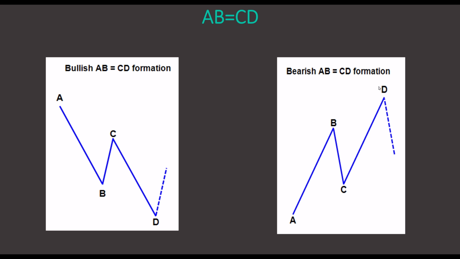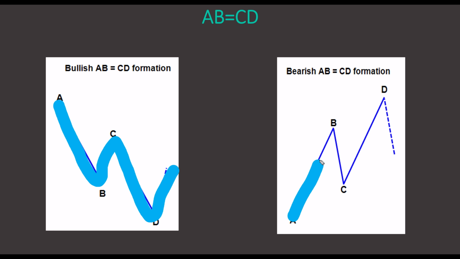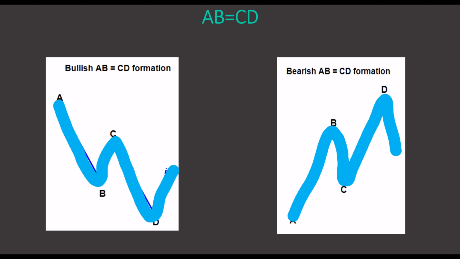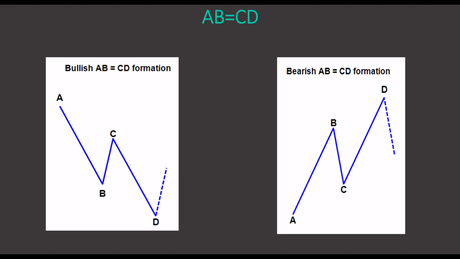Now let me go over to the next price action setup. Now this next price action setup is called ABCD, and it's based on the fact that the price likes to move in sort of wave-like manner, like this. Or like this for a bearish scenario. Now, let me give you a little description of this setup before we jump into the charts.